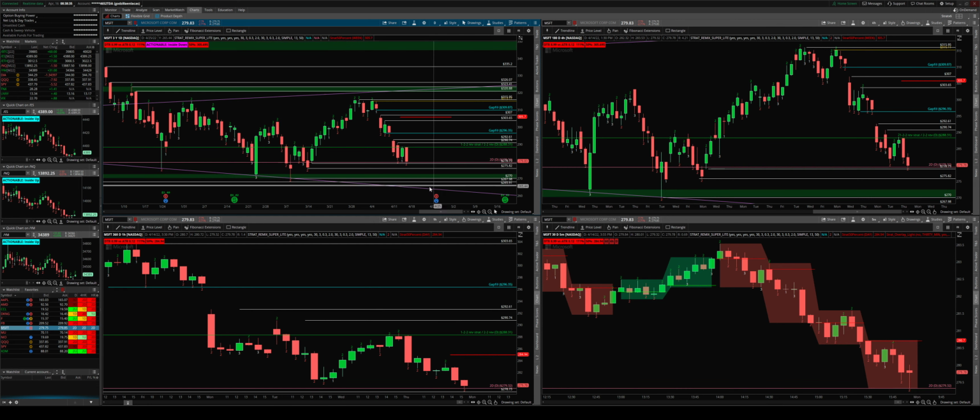And then the base of the broadening formation, again, just connecting a lower low to a lower low, and then a higher high to a higher high. So what we do have here is a clear change in direction. So what we could do is actually move our broadening formation like so if we wanted to. I mean, it's almost flat.